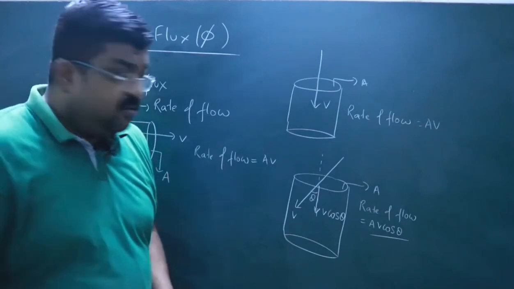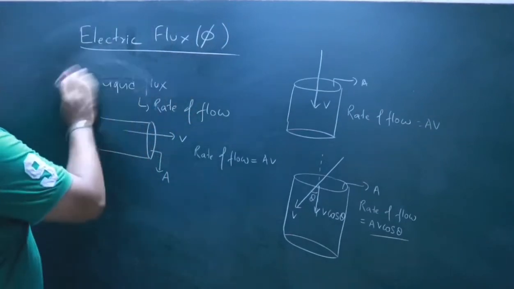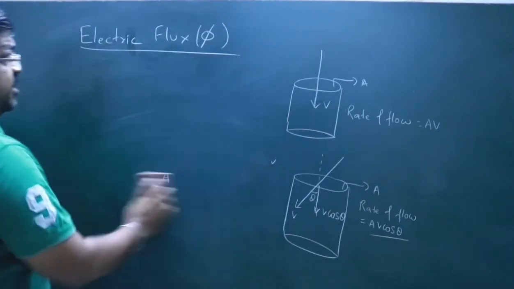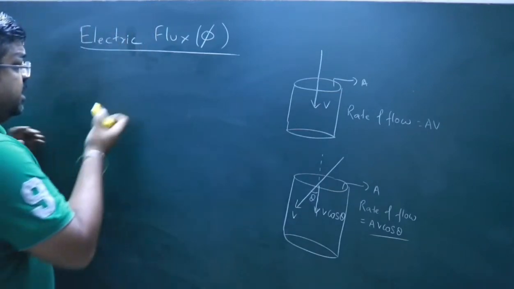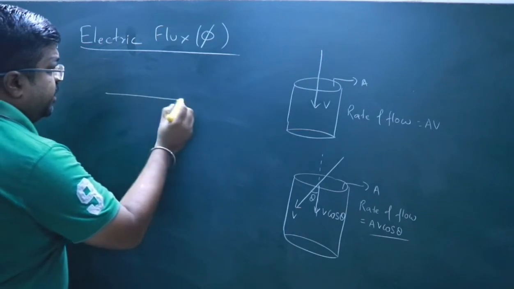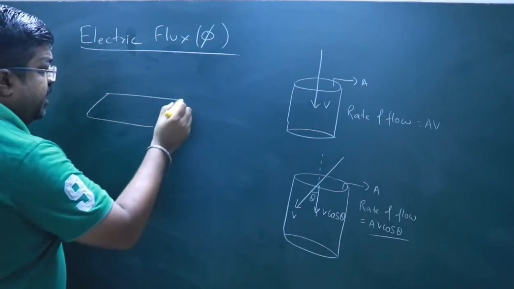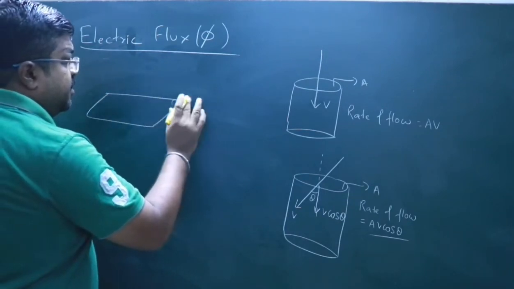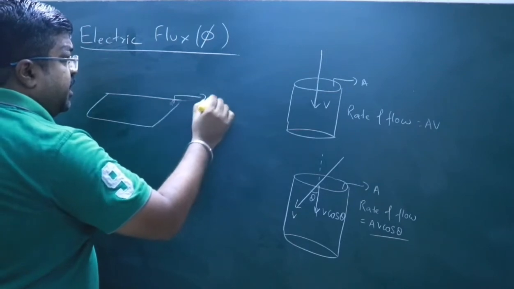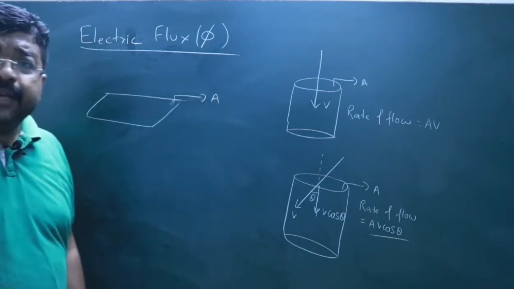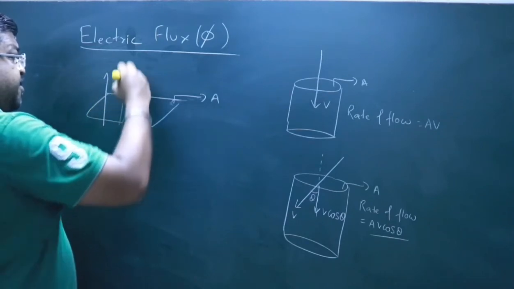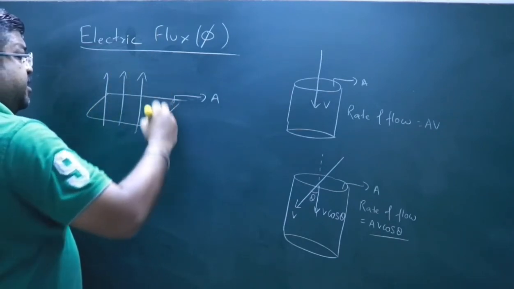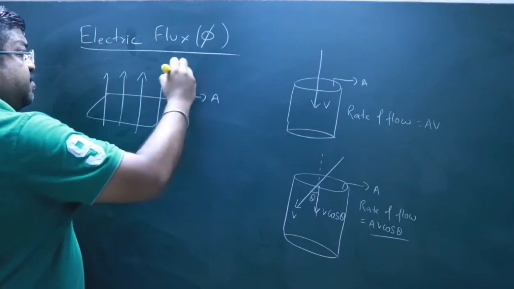Okay, now let us apply this concept to understand electric flux. Now suppose you have some area A, and in this region the electric field intensity is directed in the upward direction.